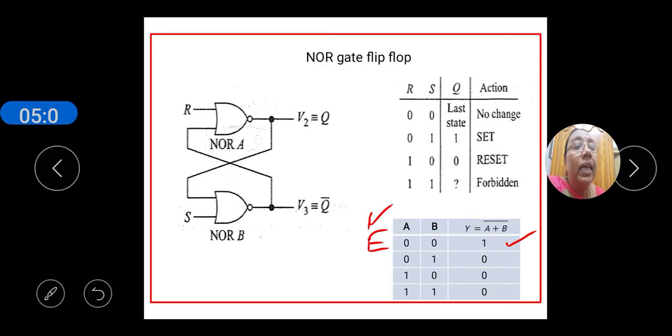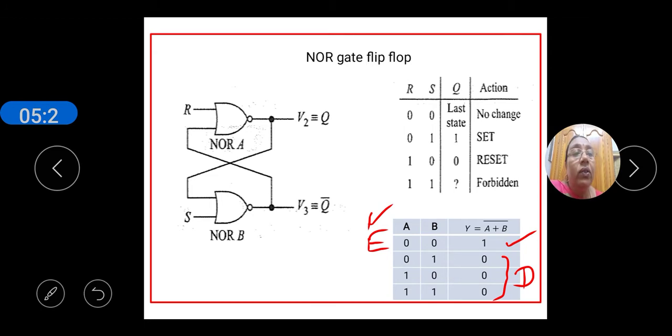When you see the other three cases, the outputs are 0 when any one of the inputs is 1 or when both the inputs are 1. So the NOR gate is disabled when any one of the inputs is 1 or both the inputs are 1.